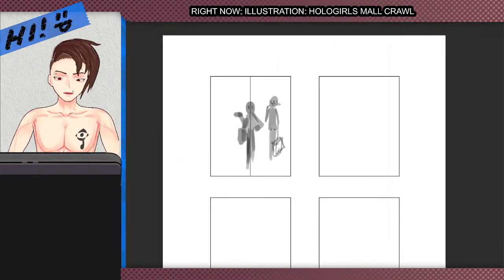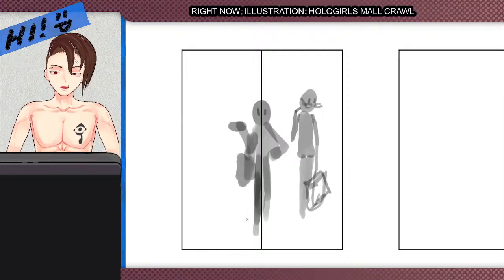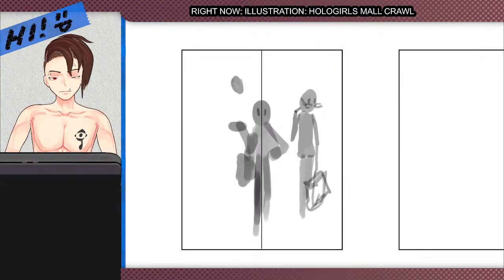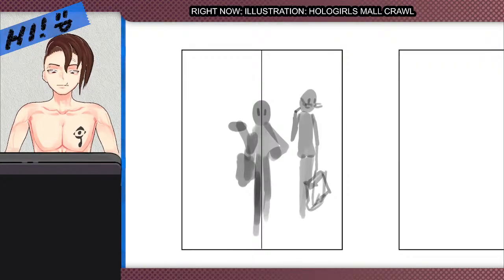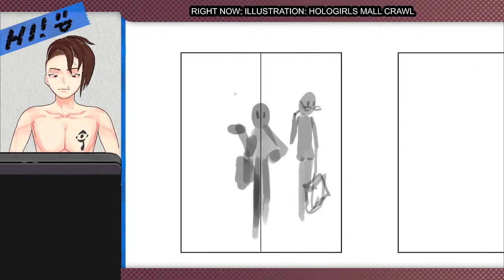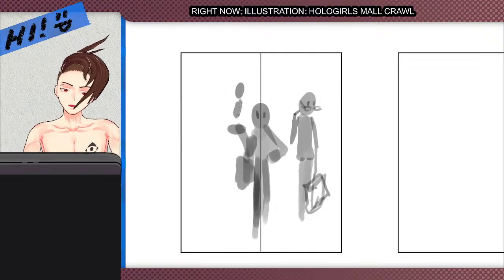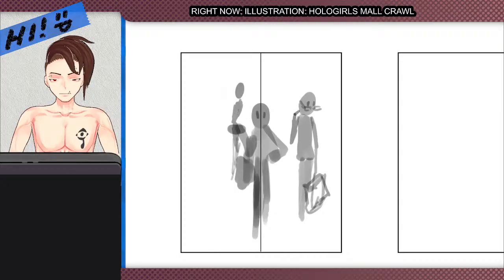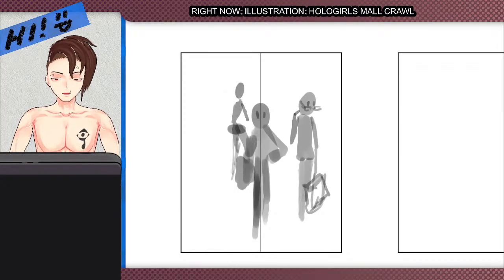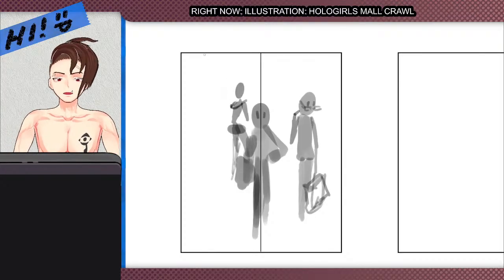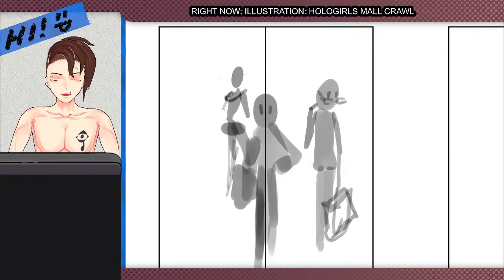I want to have 4 characters on this illustration, by the way. This is going to be a really busy one. Maybe the other 2 girls here in the back, one of them is holding a necklace here, and it's going to rest here around her neck, around her chest, right?